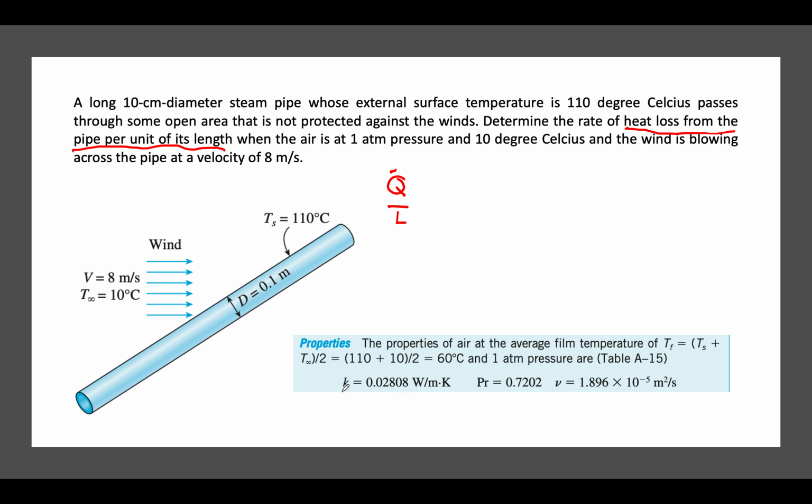You will take out the value for the k, thermal conductivity, Prandtl number, and kinematic viscosity. All these properties will be used for determining required values for the Nusselt number and Reynolds number.